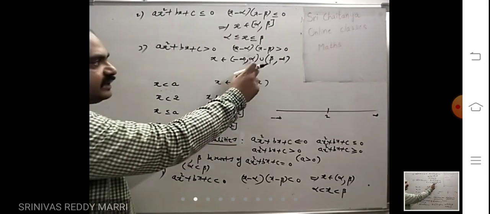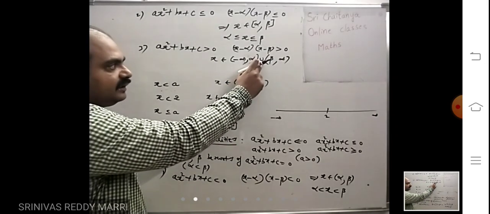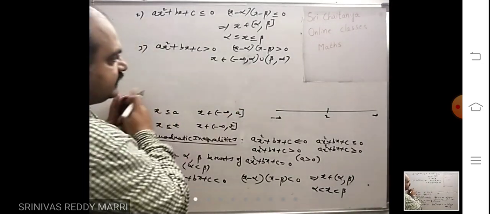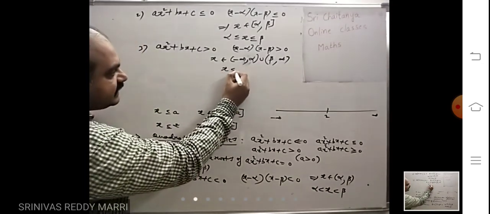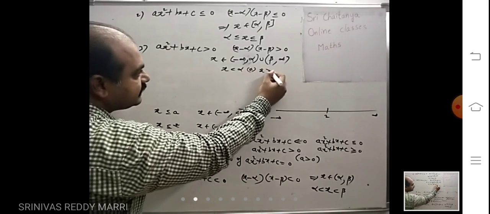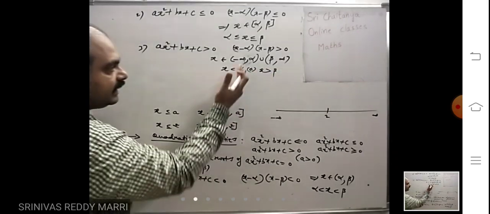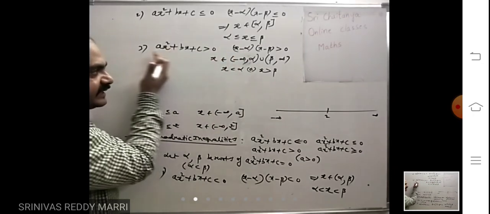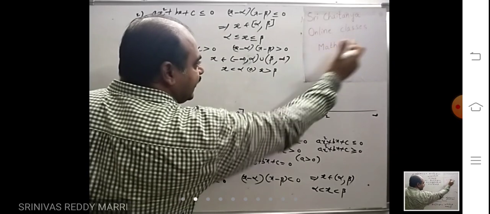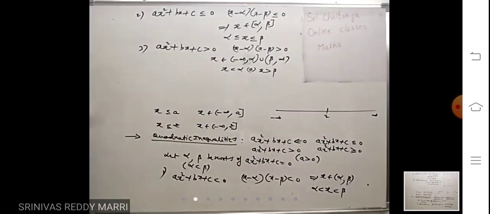Union means nothing is there, no need to be confused by it. This means x less than alpha or x greater than beta. All the values less than alpha will satisfy this, and all the values greater than beta will satisfy this.